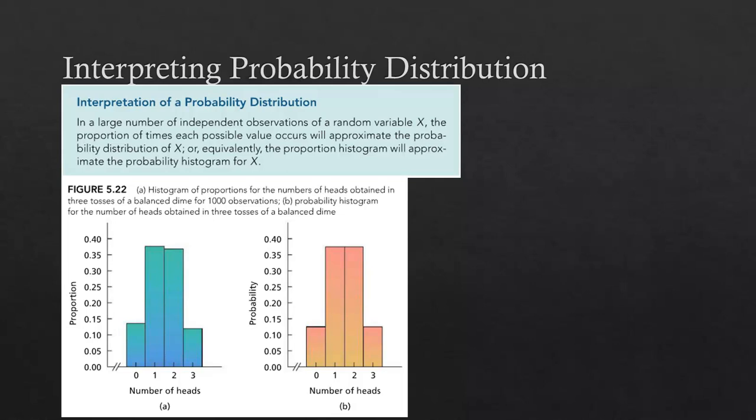So if you notice here, we had 1,000 observations. Our probability in our little 8 outcome test that we did a moment ago is listed. Well, if you look to the left, the proportion of how it happened when we did 1,000 observations is almost exactly equal to our probability for the 8 outcomes that we just solved. So as you start getting larger and larger numbers of observations, the proportion starts equaling your probability. Okay, getting very close to it anyway.